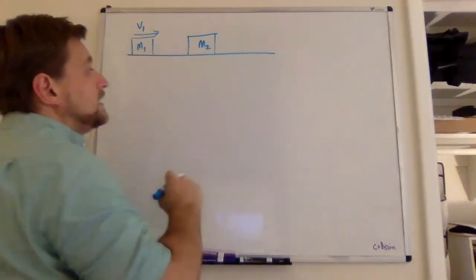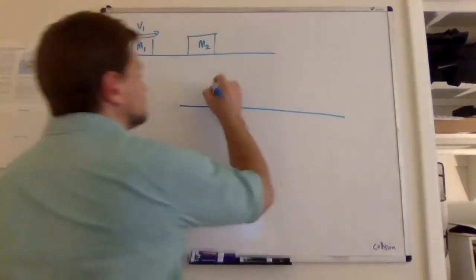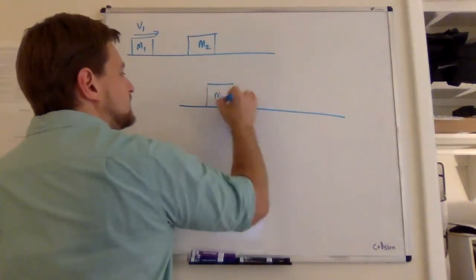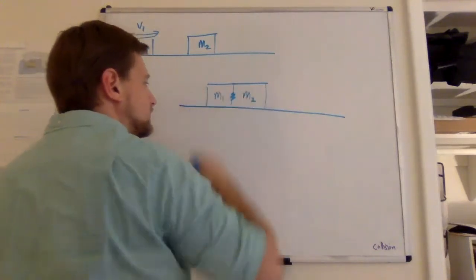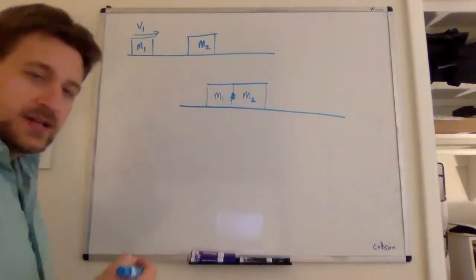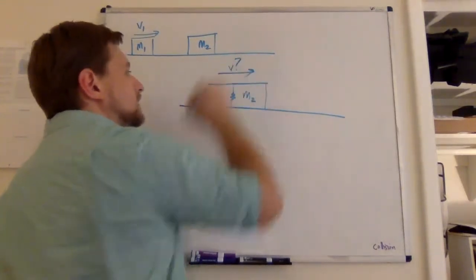When they collide, suppose they stick together. They couple together and they travel with some new velocity v that we don't know.